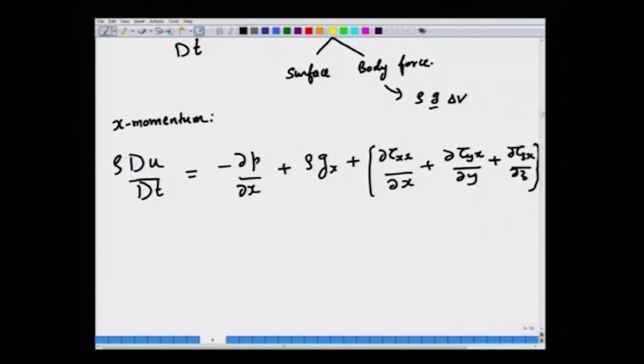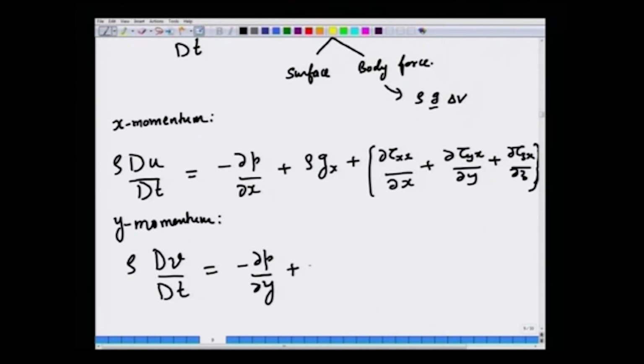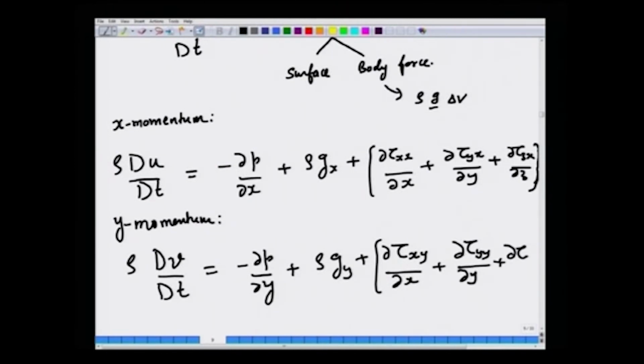Similarly, you have the y component of the momentum equation, rho substantial derivative of v with respect to time is minus partial p partial y plus rho g y plus partial tau x y by partial x plus partial tau y y by partial y plus partial tau z y by partial z.